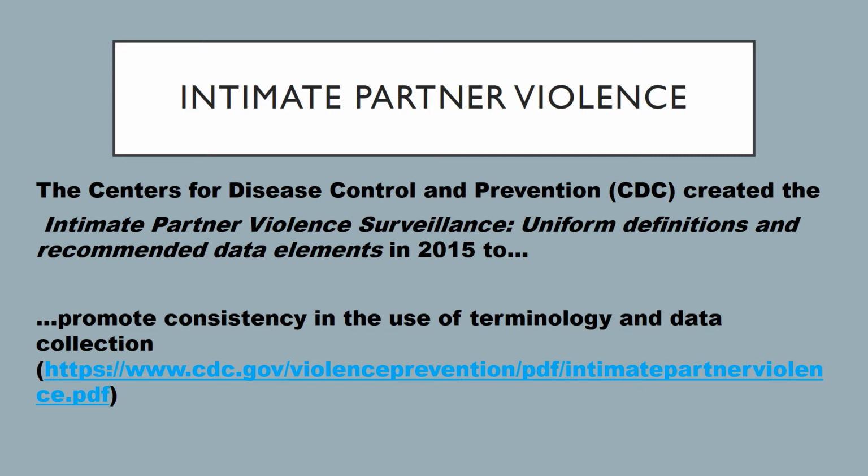So if you sit down in an interview with somebody, they may say, yeah, I was in a bad relationship for a few years and I was the victim of intimate partner violence. And you sitting there listening to that person may go, okay, I have a general idea that they were in not a good place. This was not a good relationship. And I'm assuming when they mention I was a victim of intimate partner violence, my mind goes multiple places. It may go to, they may have been hit.